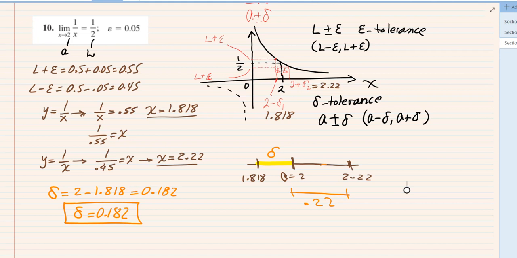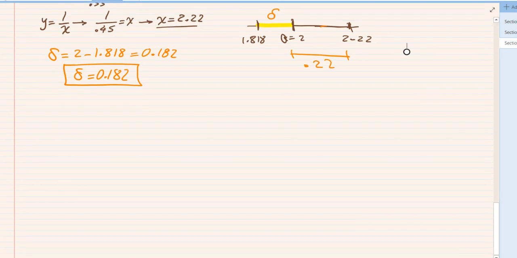But what if we use 0.1 for delta instead of 0.18? In other words, what if I get closer to 2? Let me show you that real quick. Let's say this is where 2 is, and this is the limit, 1/2.